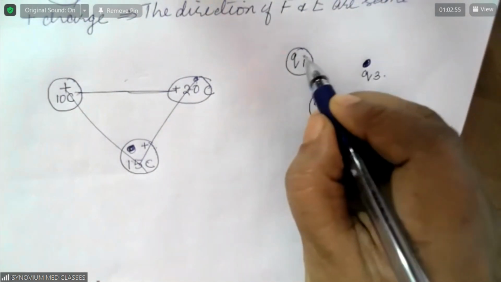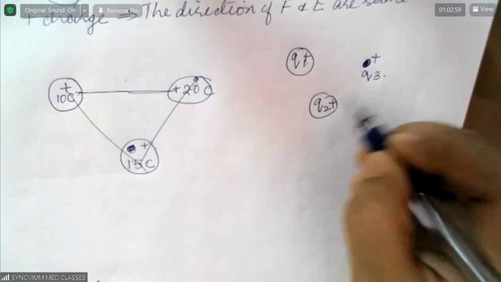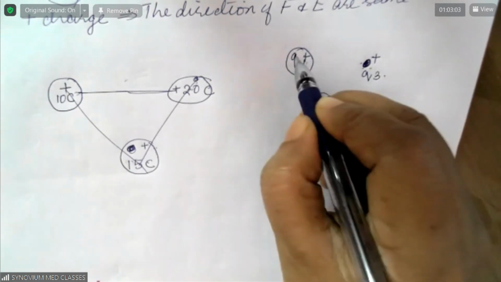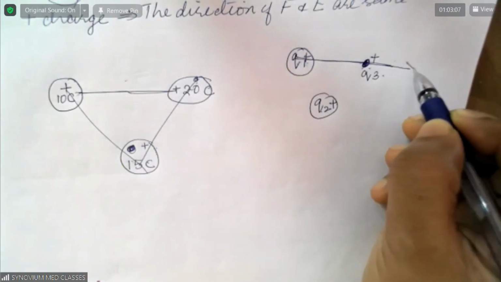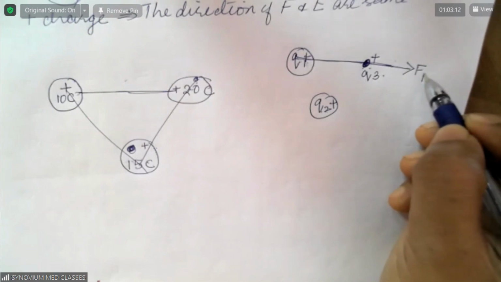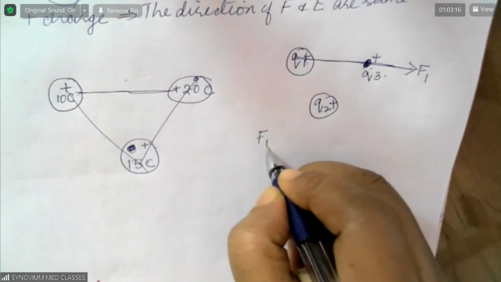Now, this is positive, this is positive, this is also positive. If they are positive, then what is the direction of the force? Since they are positive, they repel each other, so the force will be along this line. This is the direction of one force. And how much will F1 be?